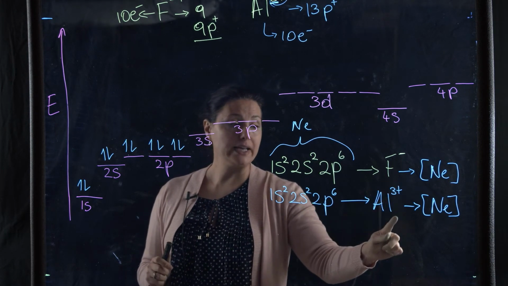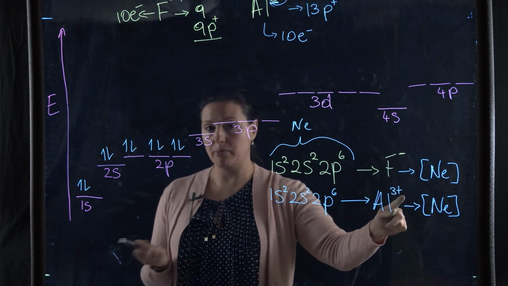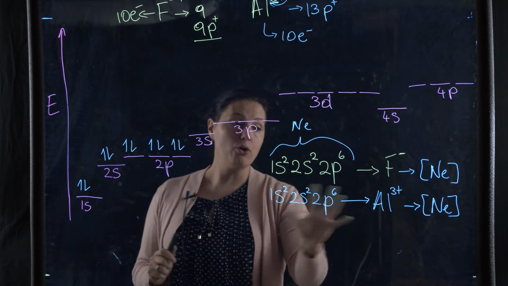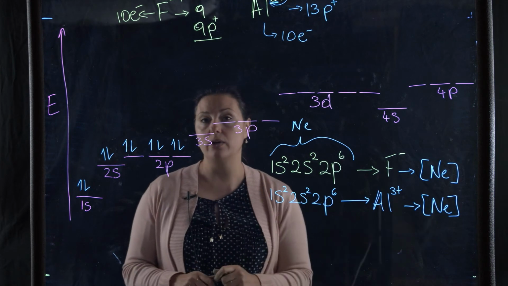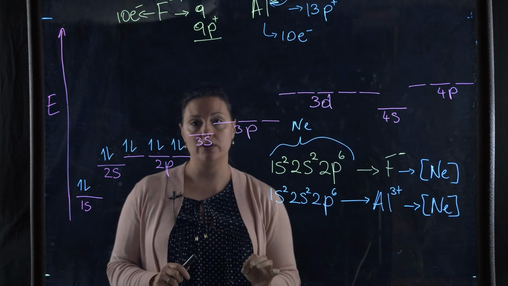Both the fluorine anion and the aluminum cation, the positive ion, have ended up in the same configuration, that of neon noble gas. We call these ions isoelectronic with each other.